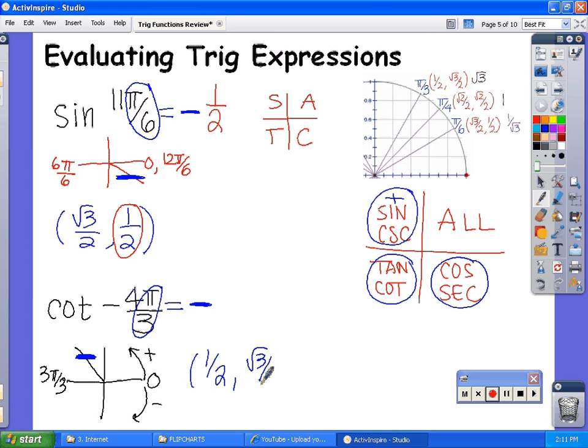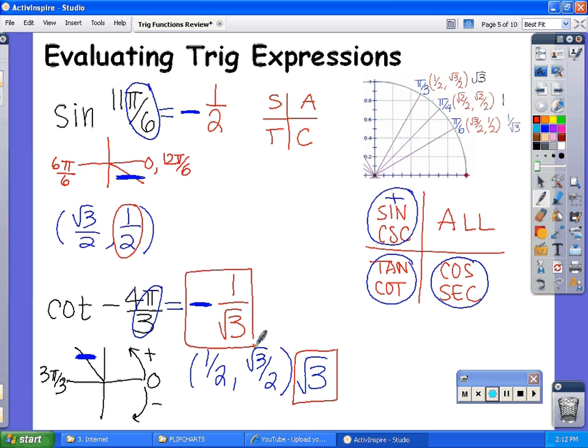Therefore, you don't have to redo tangent and cotangent values every single time. We know that cotangent is the reciprocal of tangent, and we know root 3 is a tangent value. Therefore, I know that the answer to this problem is negative 1 over root 3. So you have to really use all of the knowledge that I just went through with you in the first 2 slides to be able to complete these types of problems.